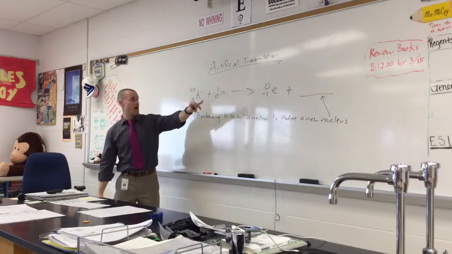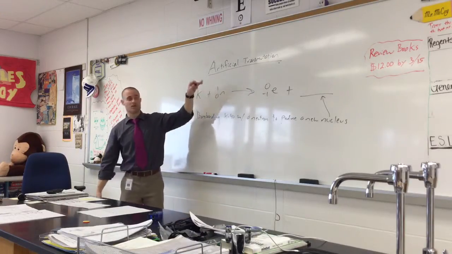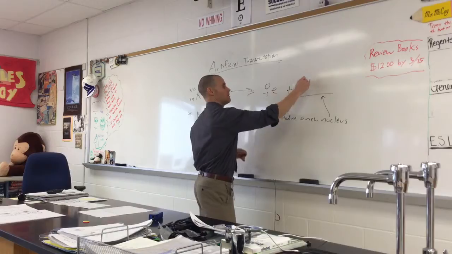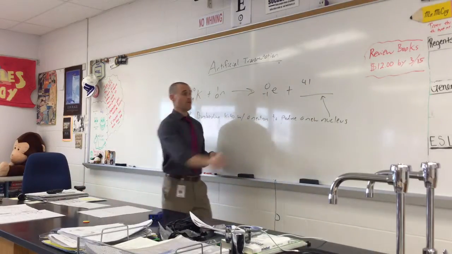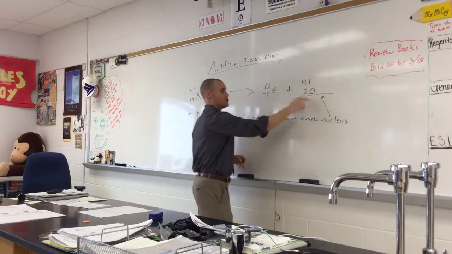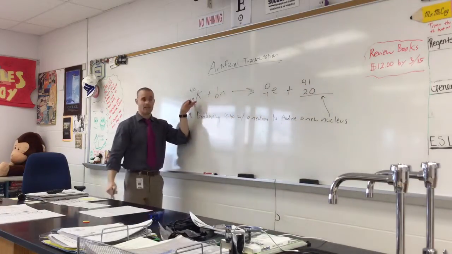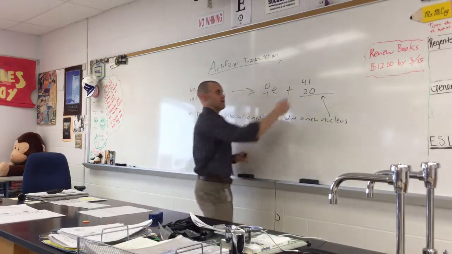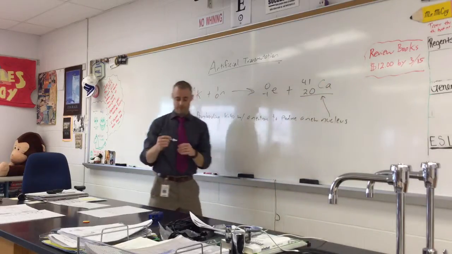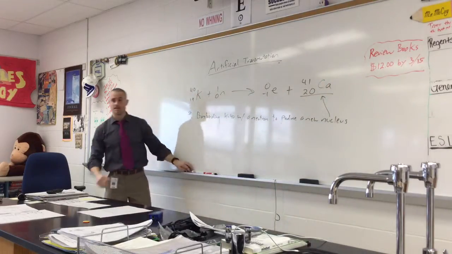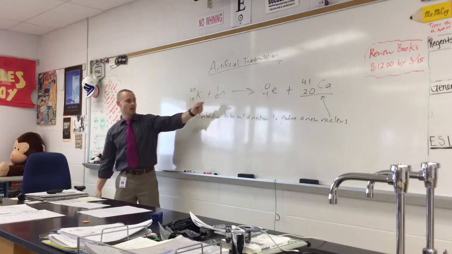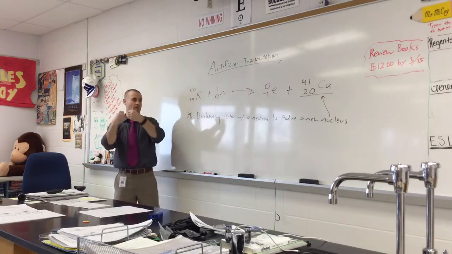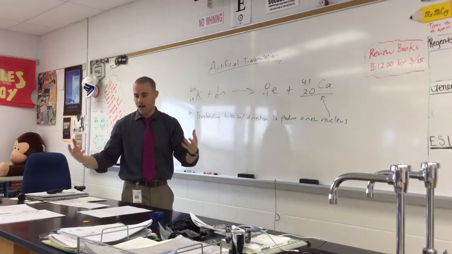And when we do the math, this is 40 plus 1, which is 41. The bottom number is 19 plus 0, so this has to be 20, because 20 plus negative 1 is 19. Number 20 is Ca. So I went very quickly, I realize that. But that's the same concept, but it's artificial because we're taking two particles and slamming them together. So we're doing that in a lab somewhere.